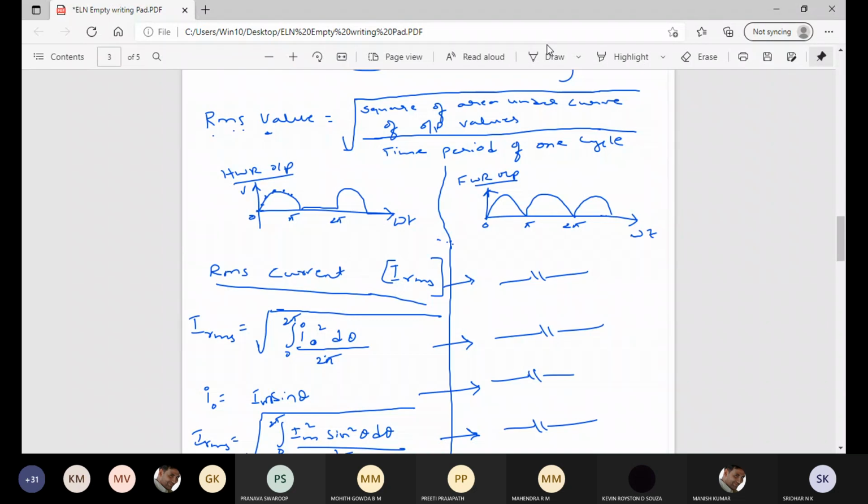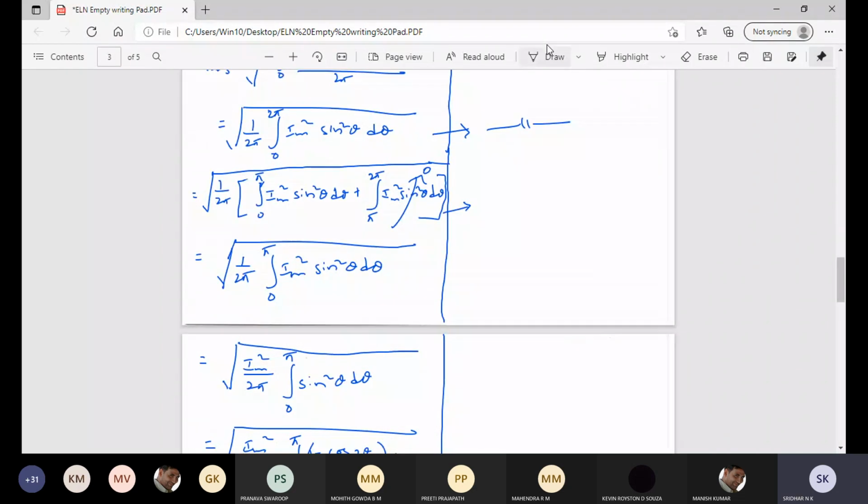That's why you write this as Im by 2 theta d theta plus integral 0 to 2 pi Im square sin square theta d theta. So this is what you get.